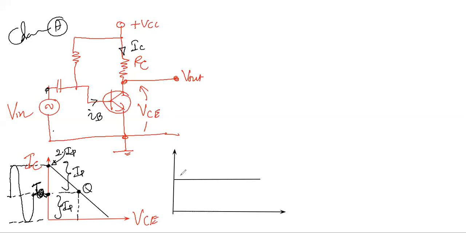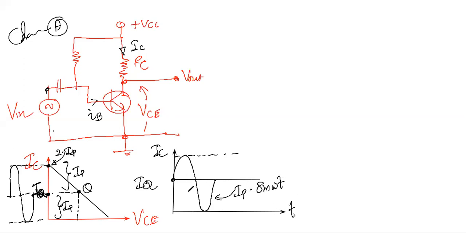With respect to this point, this line represents IQ. Your IC will fluctuate something like this, varying as IP sine omega t. It's like a sinusoidal function.